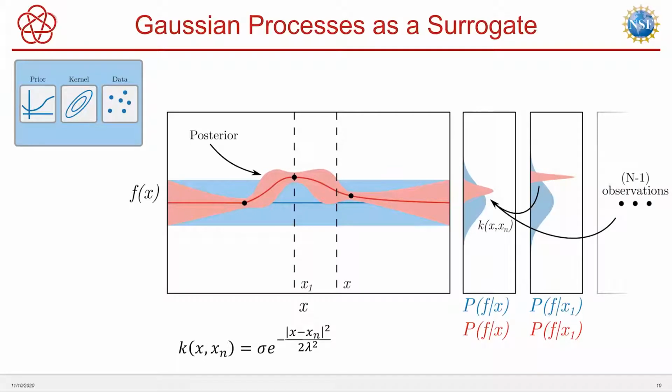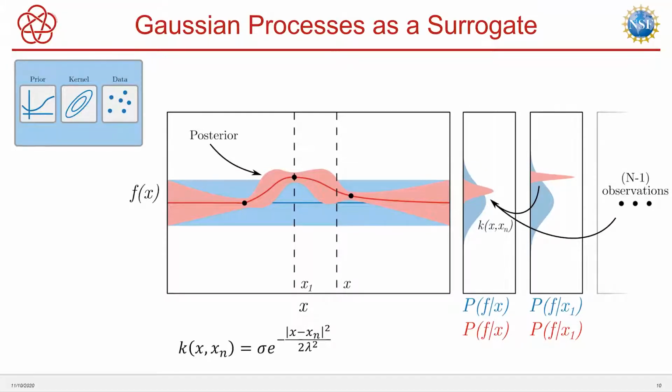In this case right here, I've shown a one-dimensional example of a function that's being modeled by a Gaussian process. The blue here is a prior distribution. It essentially says that we have little to no information about what f of x looks like.